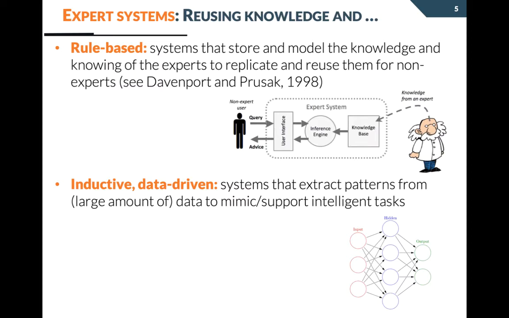The idea of these rule-based expert systems was that there are some people who are expert in performing certain tasks. For instance, they are expert pilots, expert doctors, expert lawyers.